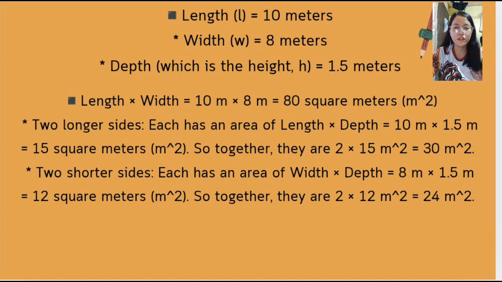Each short side has an area of width times depth, 8 meters times 1.5 meters, which is 12 square meters. Together they are 2 times 12, which is 24 square meters.